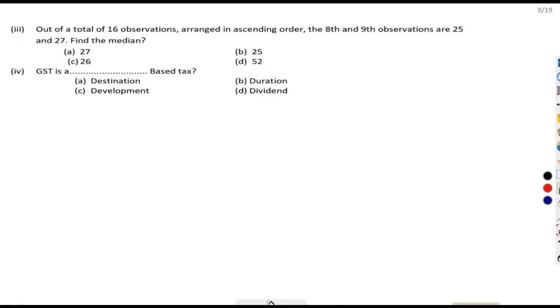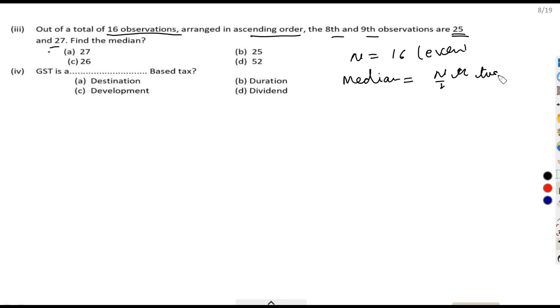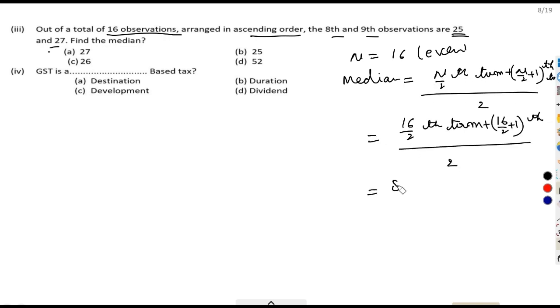Third part, 16 observations are arranged in ascending order. 8th and 9th observation are 25 and 27. Find the median. If n is equal to 16, it is an even number, it means median will be the n by 2th term plus the n by 2 plus 1th term, divided by 2, means 8th term plus 9th term divided by 2.